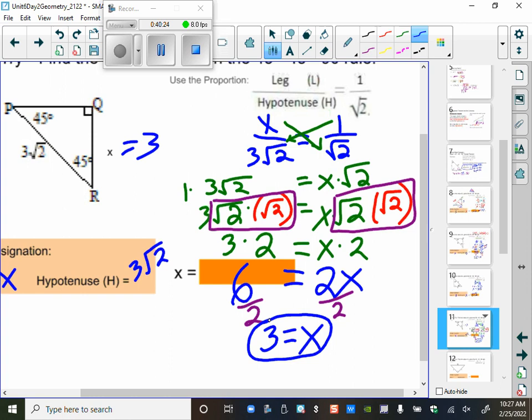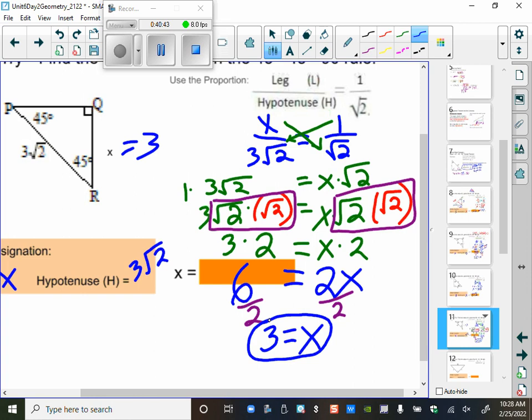You do that when you see the x. When you do your cross multiplication, if you see x times square root of 2 or x times square root of something, you better multiply both sides by that square root of whatever.